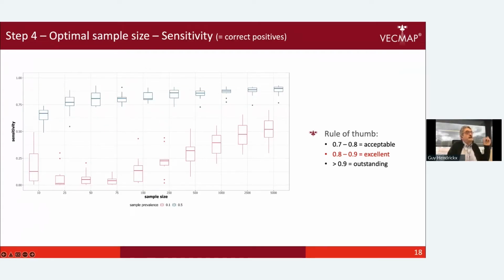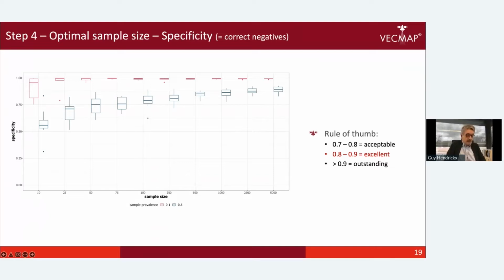When you look at sensitivity, and I always have a problem remembering what sensitivity means, it is predicting correctly the positives. Here again, you have, of course, a big difference between balanced and unbalanced, and you again have very good results starting at 100 to 250 samples.